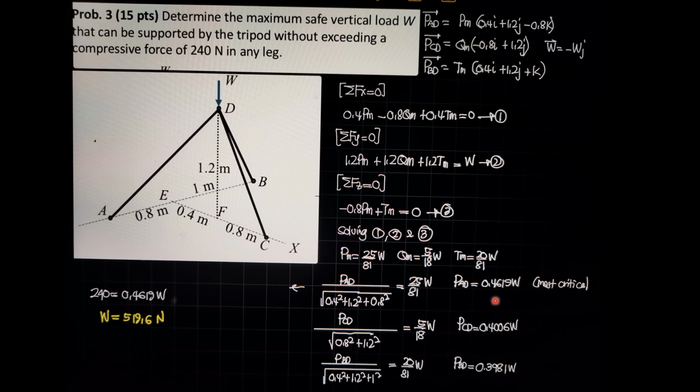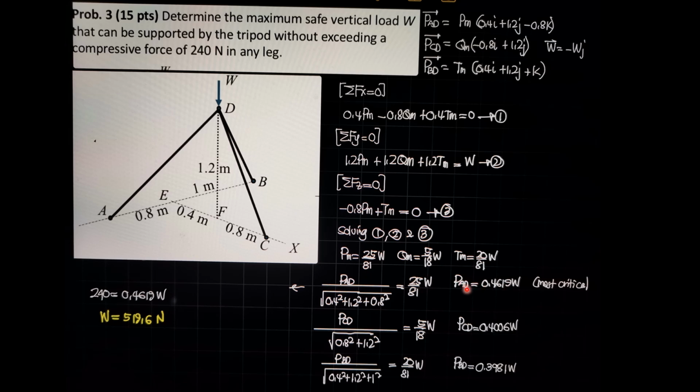So the highest is 0.4619 W. This is the leg AD, which is the most stressed because it has the highest percentage of the load W. So this is the critical leg.